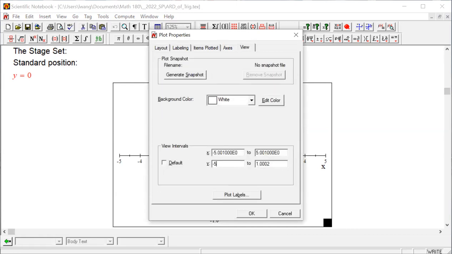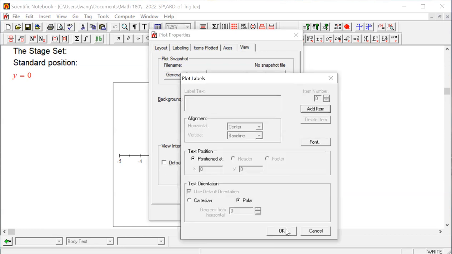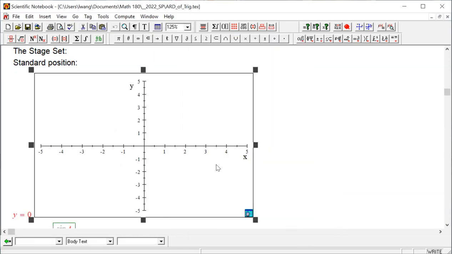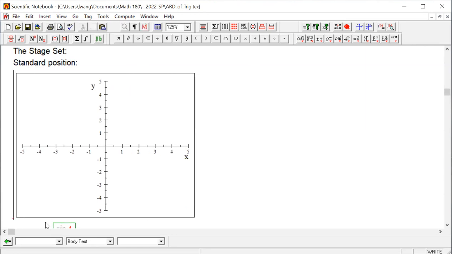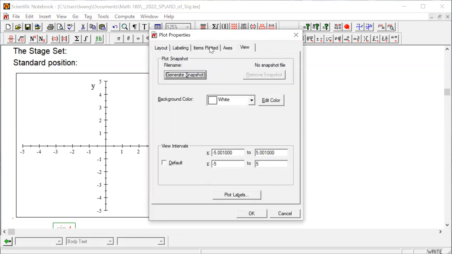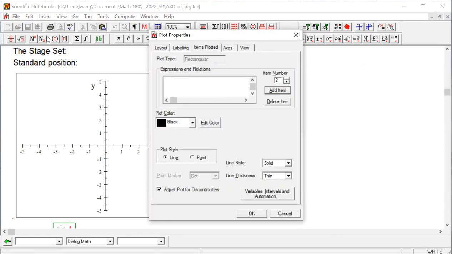Let me draw that standard position for you. Where do we start to measure angles? We measure from the standard position, and that standard position is going to be this line.